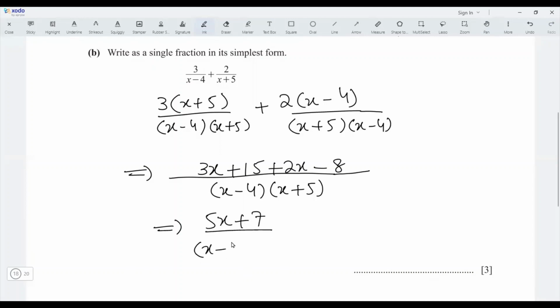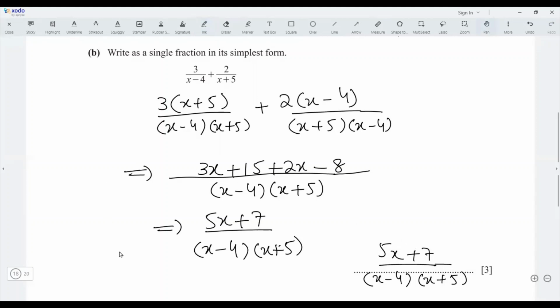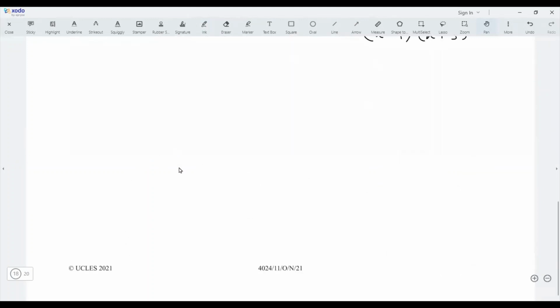So the denominator will be written as it is, and this will be the result required. So we can write down here 5x plus 7 whole divided by x minus 4 times x plus 5. So this is algebraic fraction type of question. So moving towards the next question.